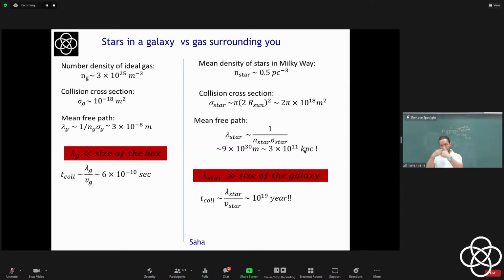So there is no head-on collision, which is a very rare event. One thing we learn from this simple estimate is that head-on collisions in galaxies are rare.